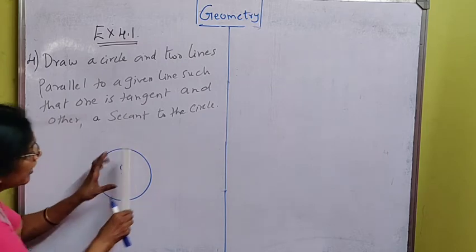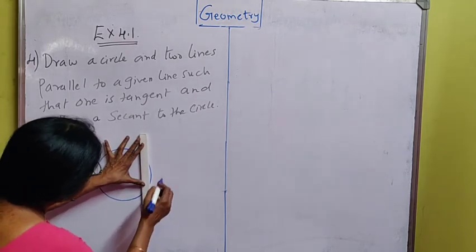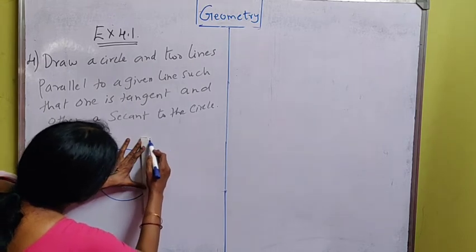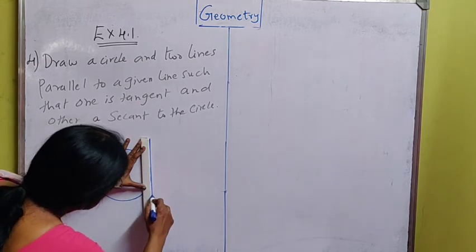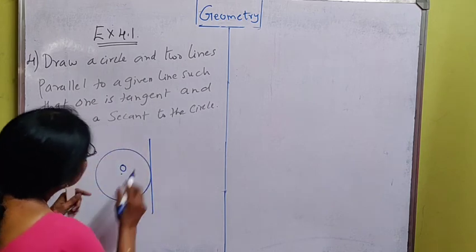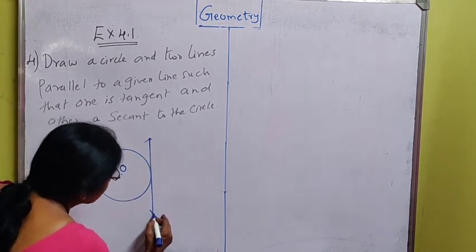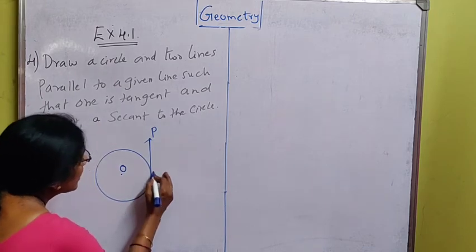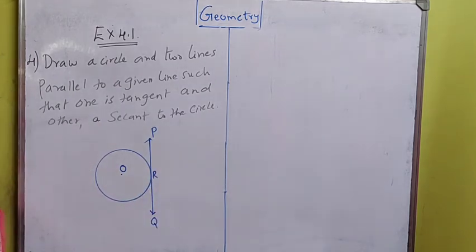I am going to draw a tangent such that it touches the circle at one and only one point. So this is the tangent given to us. PQ is the tangent and R is the point of contact.